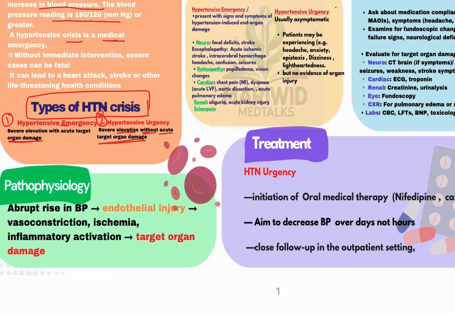The pathophysiology of hypertensive crisis is mainly due to an abrupt rise in blood pressure, which leads to endothelial damage of the blood vessels' endothelial lining. So high blood pressure will injure this endothelial lining. Injuring this endothelial lining will lead to vasoconstriction.